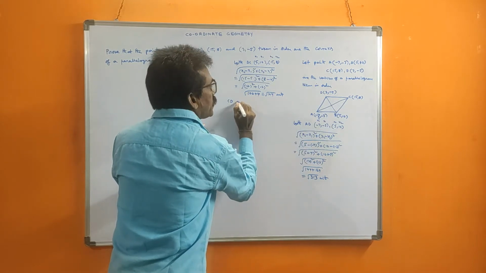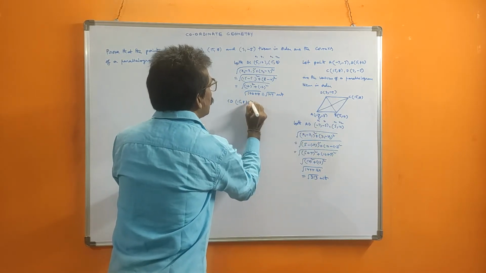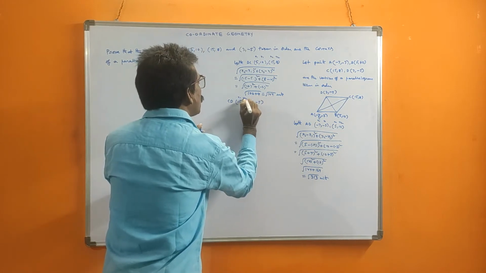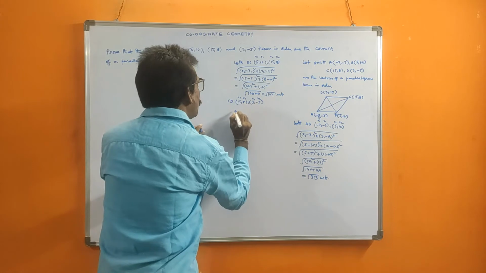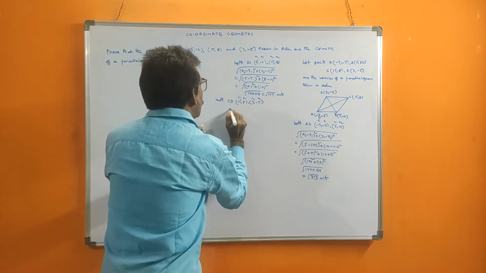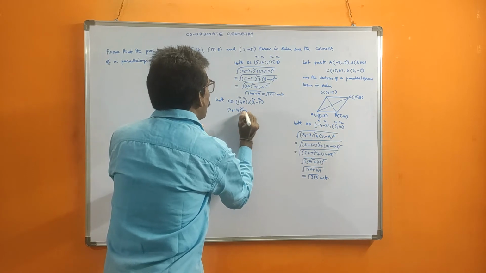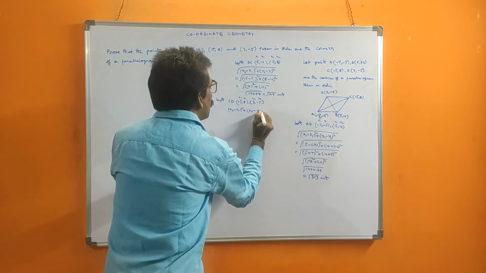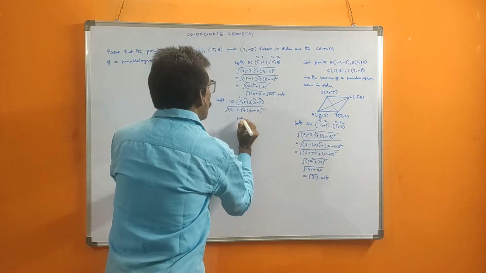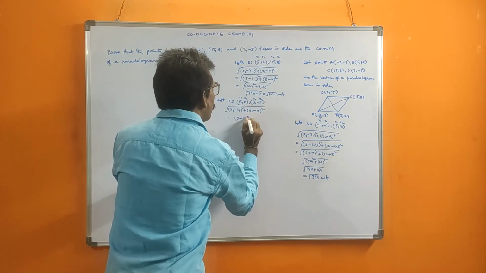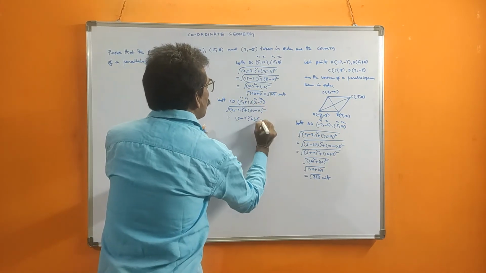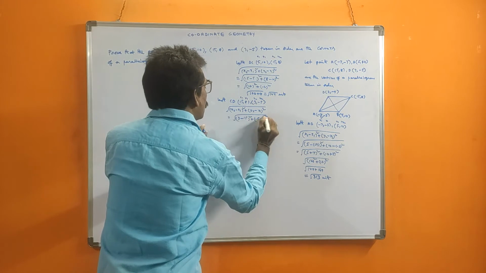Next, CD. C point is (15, 8), D point is (3, minus 5). So x1, y1, x2, y2, distance, length CD. The square root of (x2 minus x1) whole square plus (y2 minus y1) whole square. x2 is 3 minus x1 is 15, whole square, plus y2 is minus 5 minus 8, whole square.